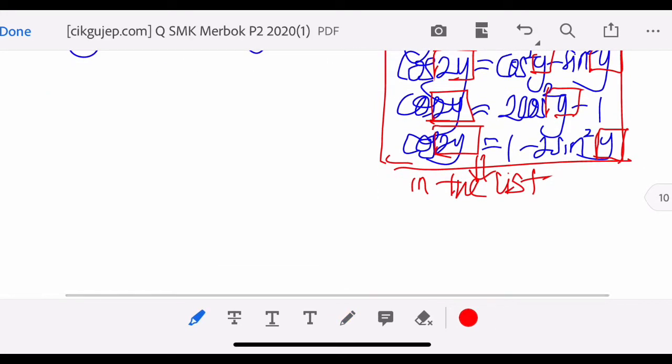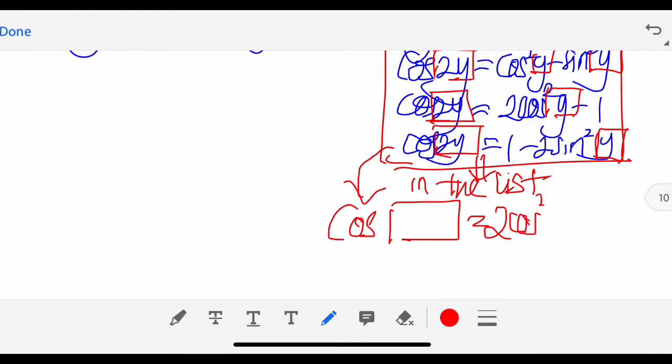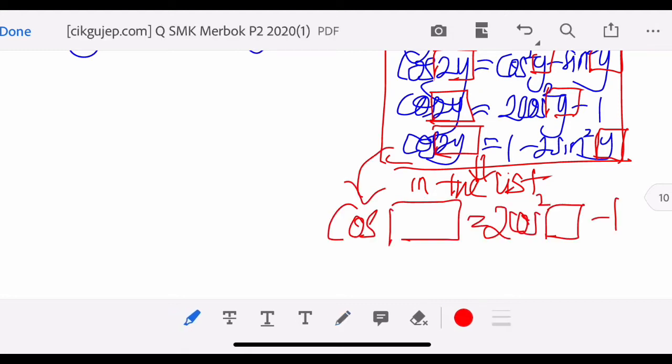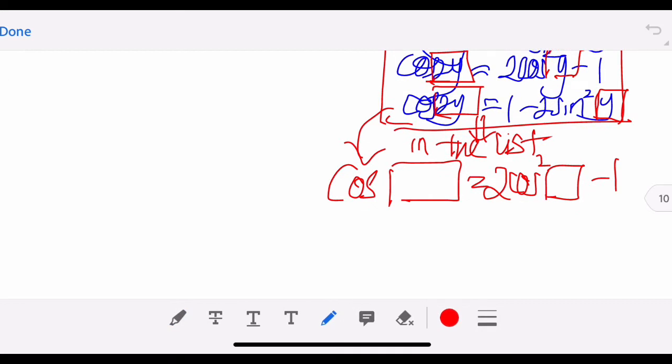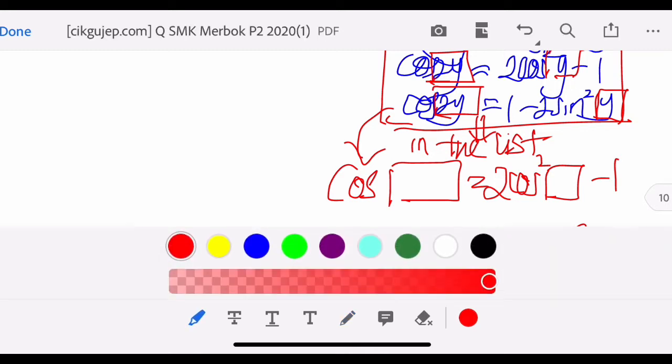So we are going to replace the 2y with the y, so it becomes cos, and the angle in the rectangle you can change accordingly. It's just that you divide by 2 for each one, right? 2y, you divide by 2, you get y, isn't it? So y at the right hand side becomes half y. The same applies for the second formula.